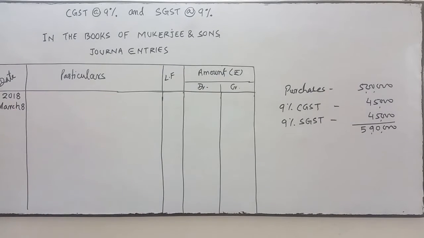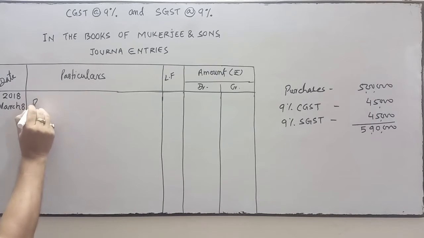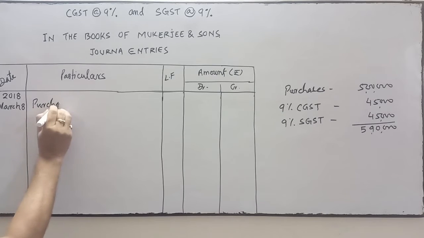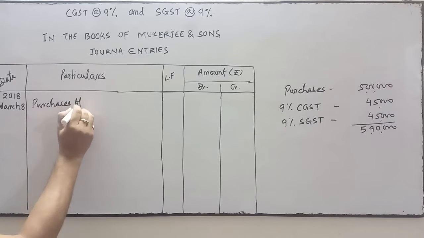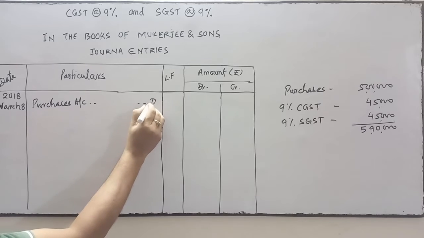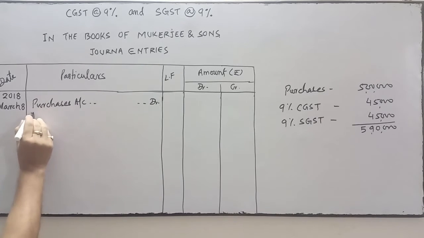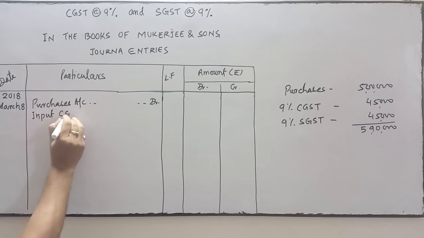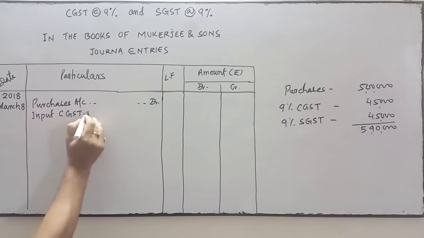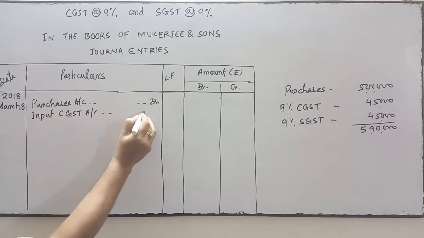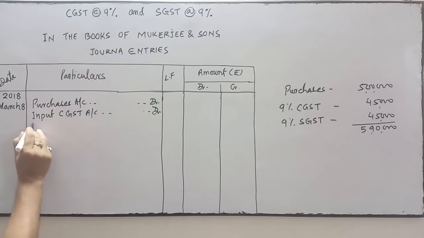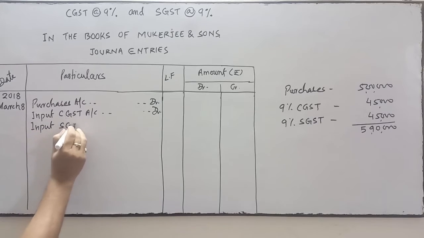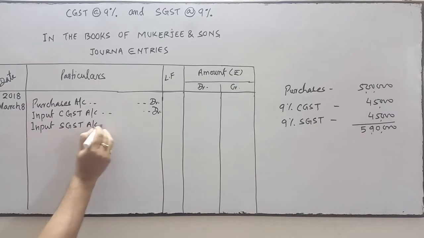So the entry will be: purchase account debit, as goods are purchased; input CGST account debit; input SGST, state GST, account debit.